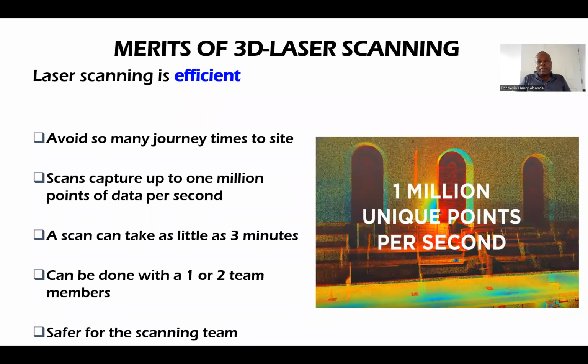We've also seen the different types of laser scanners, categorized into mobile, wearable, mobile applications, and terrestrial. And now we want to see the merits of 3D laser scanning over conventional or traditional surveying techniques. Usually, laser scanning is very efficient.